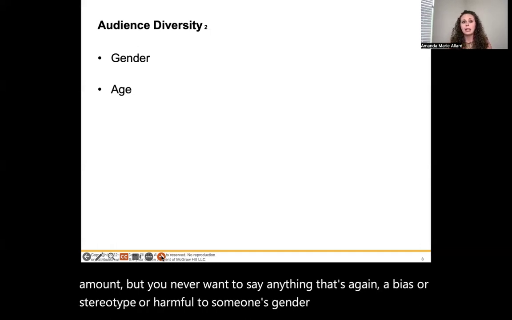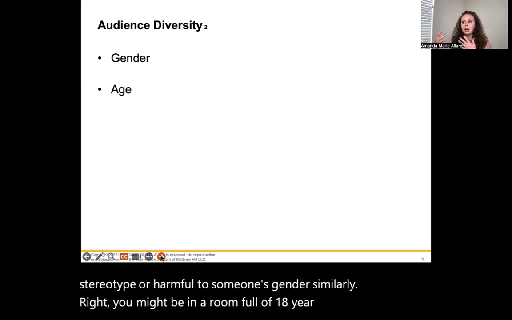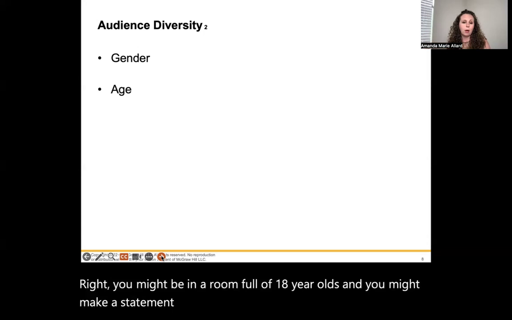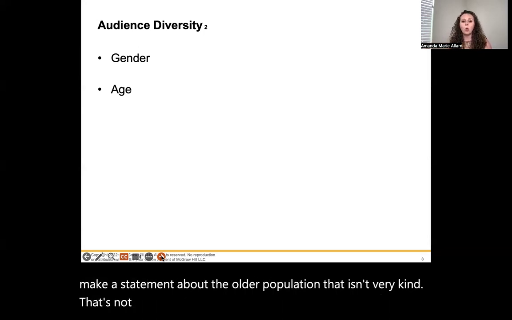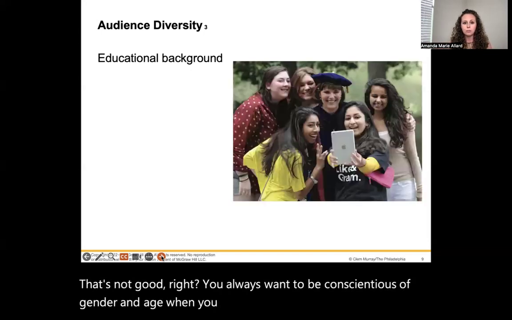Similarly, age, right? You might be in a room full of 18-year-olds and you might make a statement about the older population that isn't very kind. That's not good, right? You always want to be conscientious of gender and age when you are giving a speech.